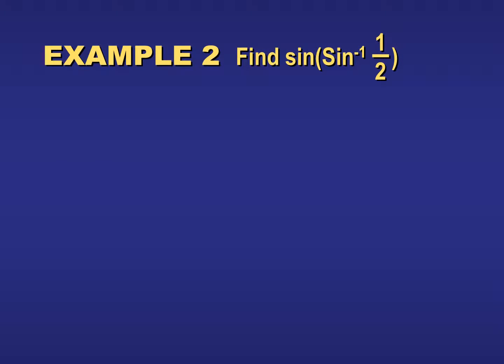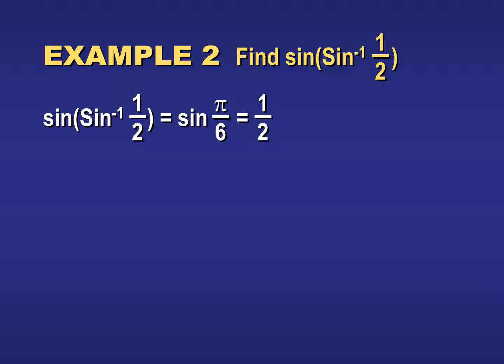Let's do another example. Let's find the sine of the sine inverse of 1/2. So this is like a function inside of a function, so you're going to want to work inside out. Before we take sine, we want to do sine inverse. Sine inverse of 1/2. So we think, okay, sine of what angle is 1/2? Well, we just said sine of pi over 6 is 1/2.